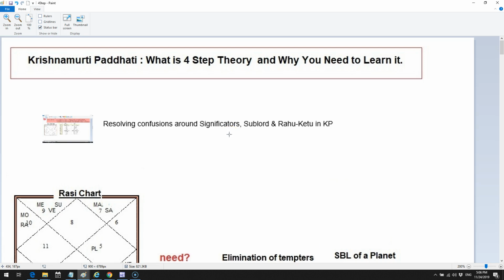In those videos, I've already discussed the four-step theory, but since this particular method of assessing significators, finding the true significator versus the false significator, is more popularly known by the name four-step theory, I thought I'd do a video with this title so that it is clear to the users who are not aware that I've already done the video on four-step.